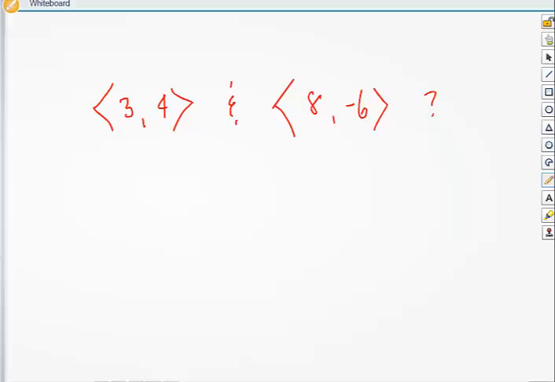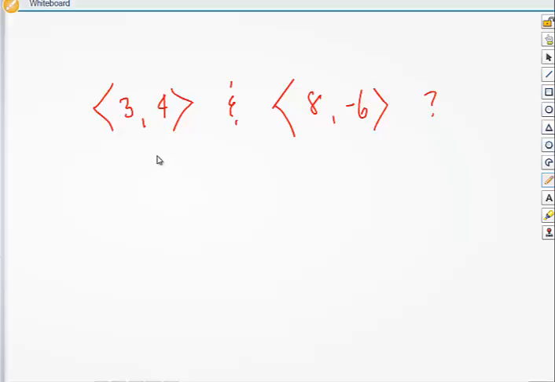Convince me. And one other thing happened. You're right, Kaylee. I switched, I changed, and I multiplied by 2. Yeah, that was pretty easy to see, right? That was pretty easy to detect.